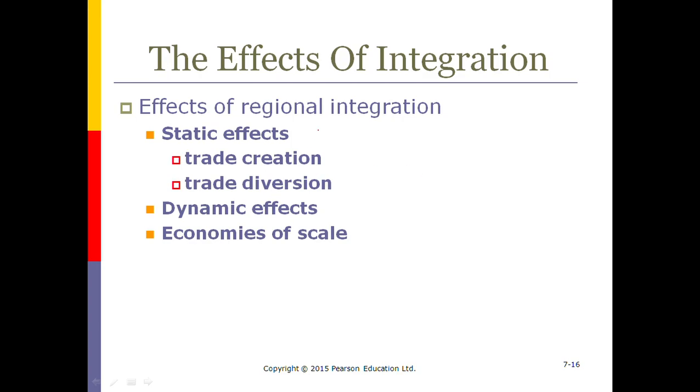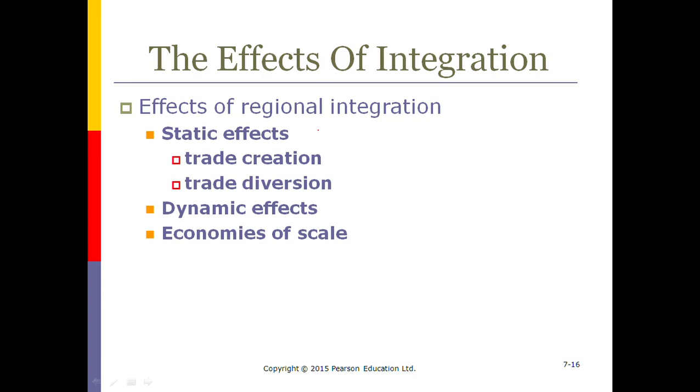Next topic, we talk about effects of integration. Now, integration, that is agreement between the countries, whether it is regional, bilateral, or maybe even global, could lead to different types of effect. However, when we are talking about regional integration, it can lead to a static effect or a dynamic effect, but definitely it leads to some economies of scale.